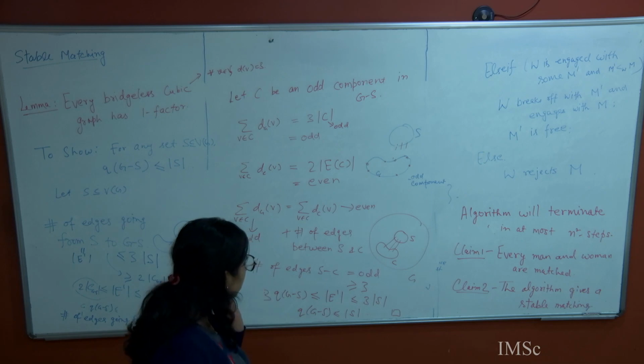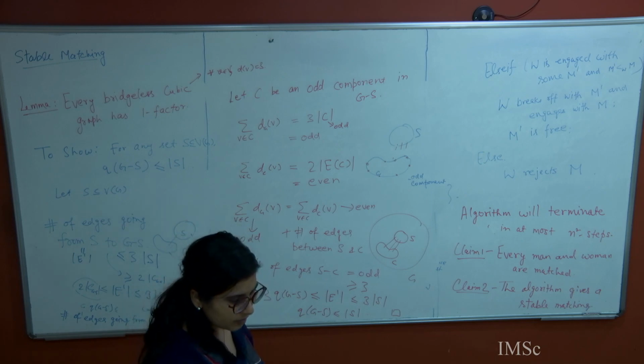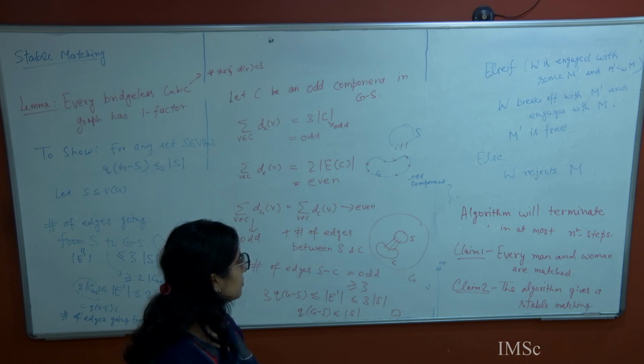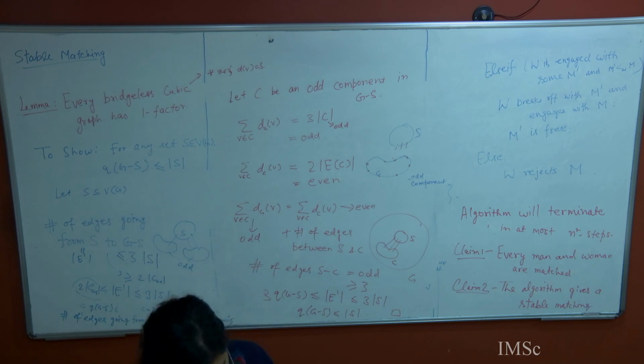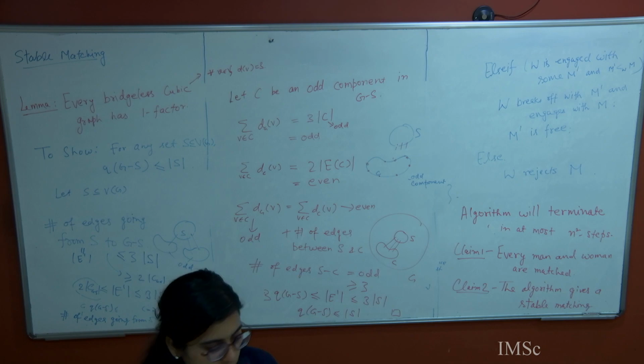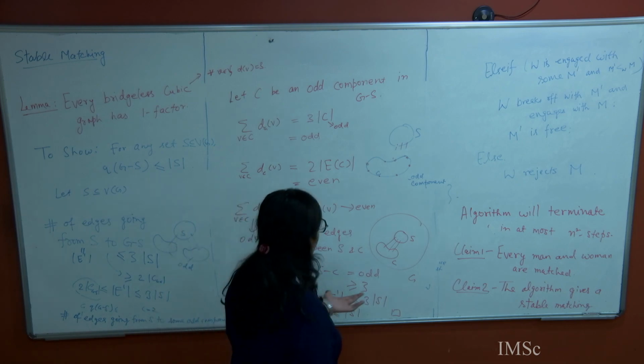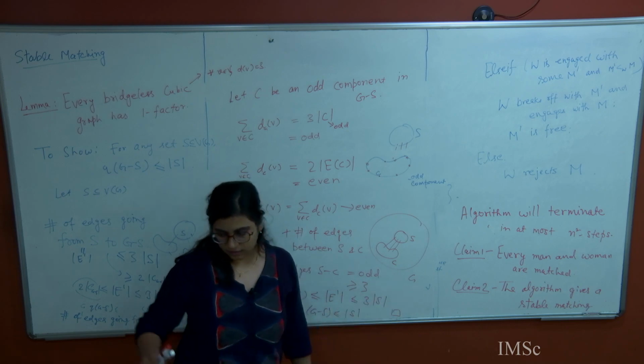Tight in the sense that, suppose there is a cubic graph which contains exactly one bridge, will it have a perfect matching? Or if it has 2 bridges? I don't know, you have to think about whether it is tight or not. Right now, we can't see that it is tight.